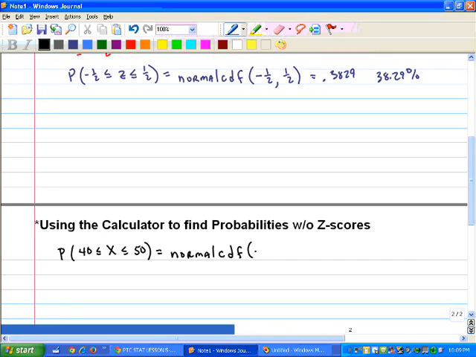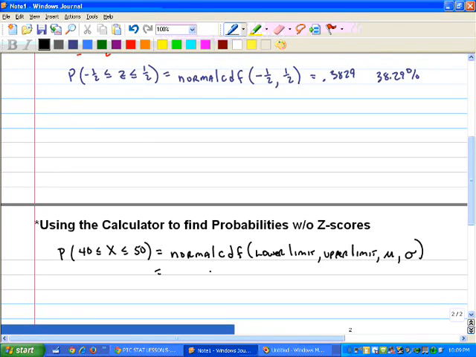This time we're going to enter the lower limit, the upper limit, comma, the mean and the standard deviation.